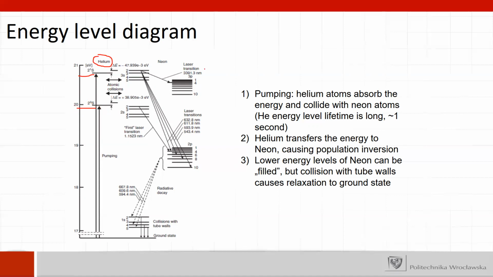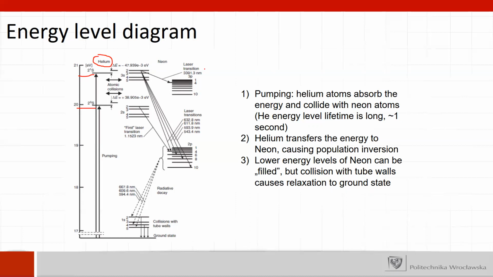Helium absorbs this entire energy, and since the energy level lifetime of helium atoms is quite long, even up to a second, it means that these atoms stay in this level for a long time.